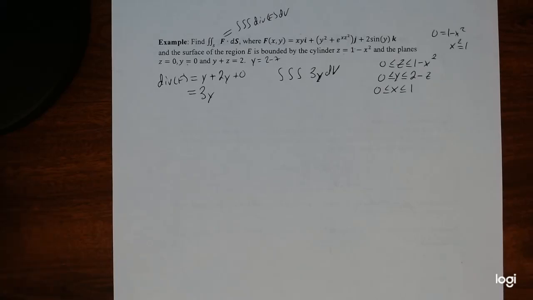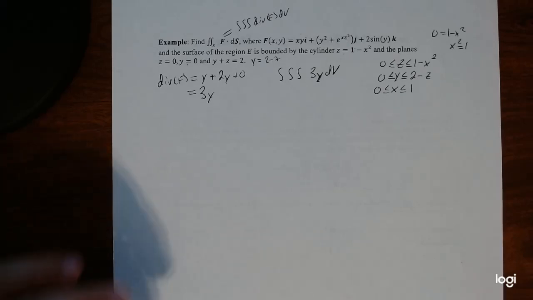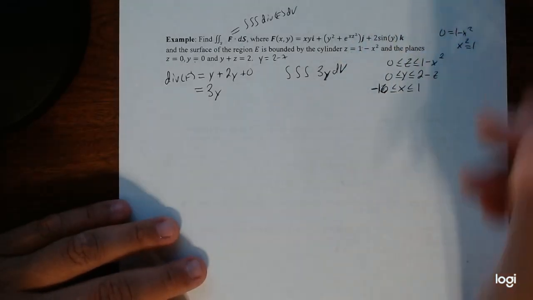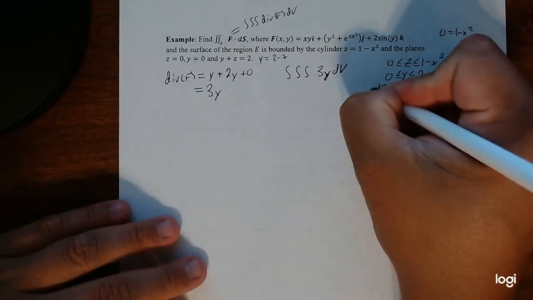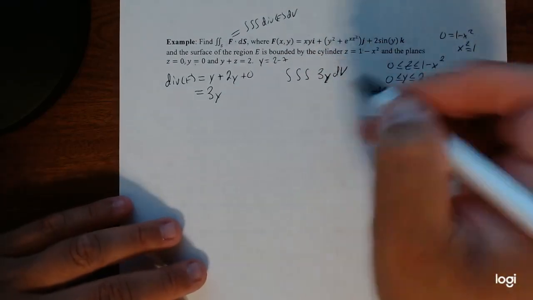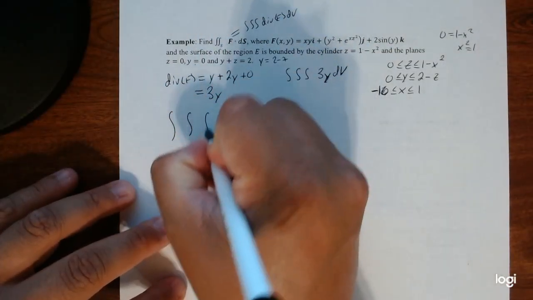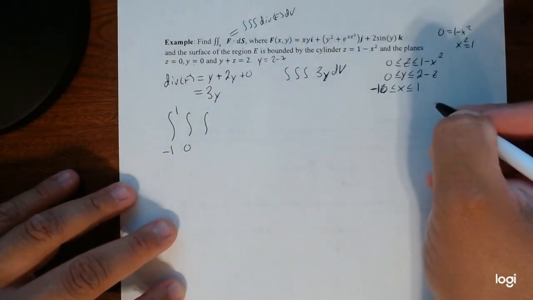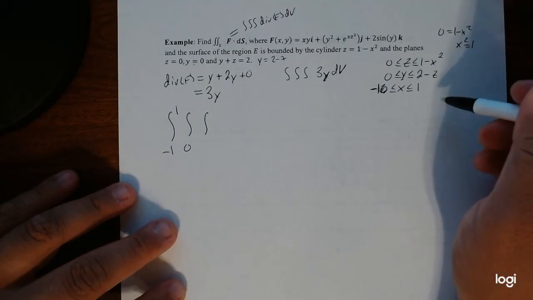So now we just plug it in and see what we get. Actually, what am I doing? x could be anything I want, so I get negative 1 to 1. x could go up or down. So plug it in. Bounds of integration, so I have to be careful here.